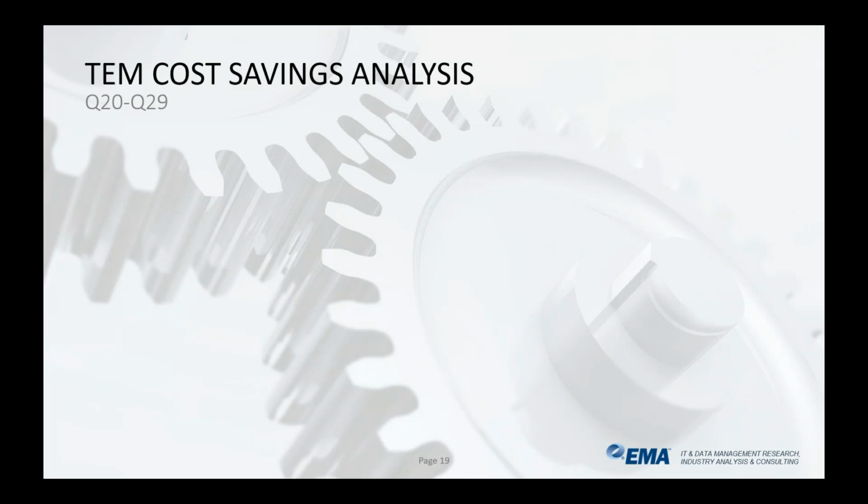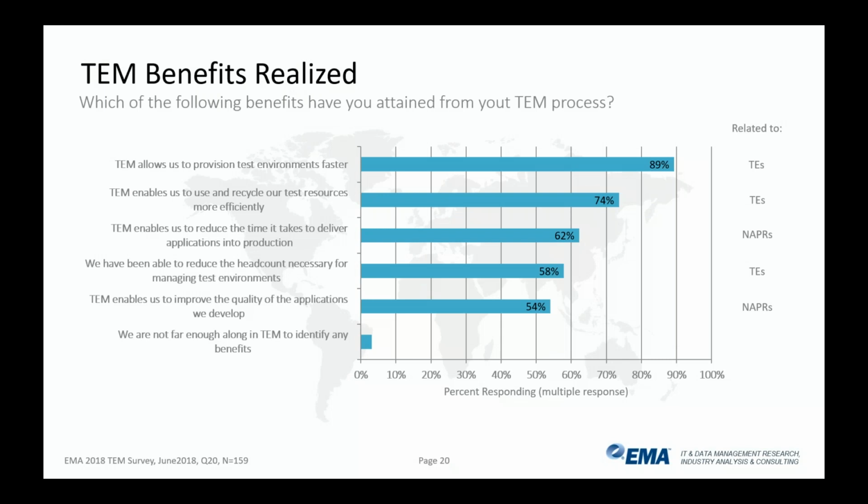Okay. Now we're going to transition from the qualitative questions in the survey into the more quantitative ones, and this is where we're going to see how the cost benefits and cost savings really shine through. We started by asking respondents if they had realized TEM value in 5 specific categories, and for each category where they said they received value, we asked 1 or 2 follow-on questions that would enable us to quantify how much value they really received.